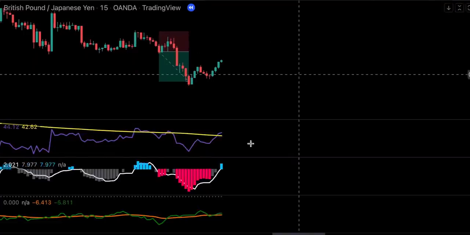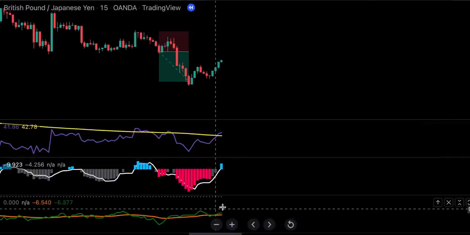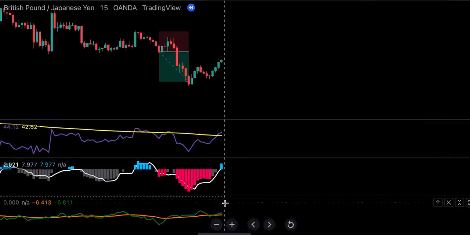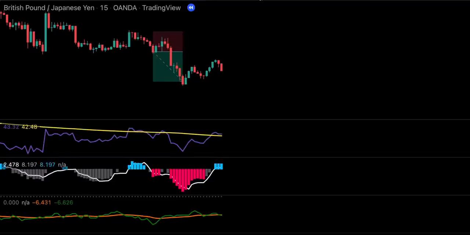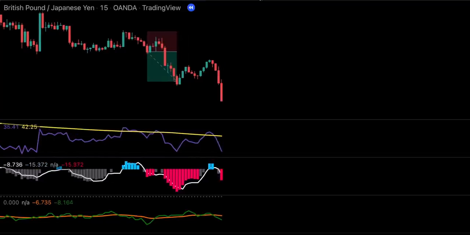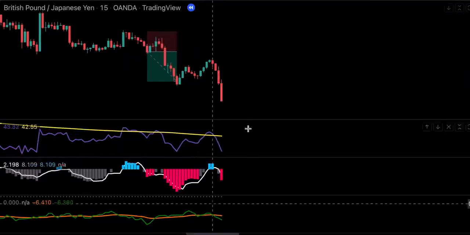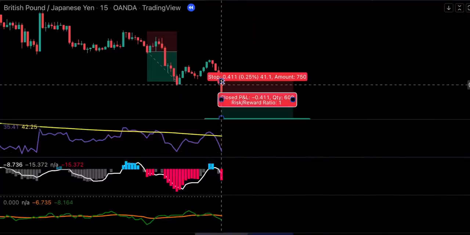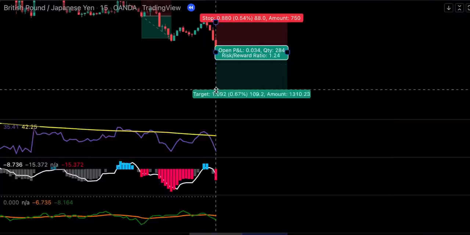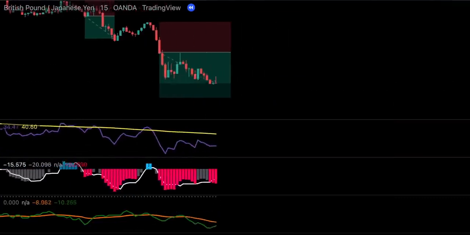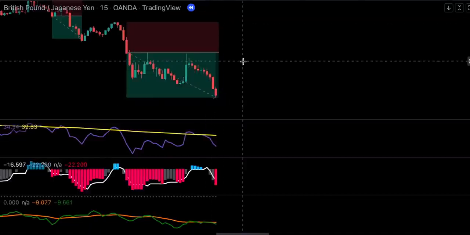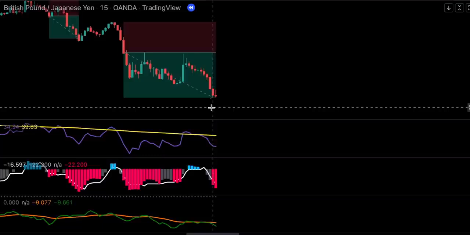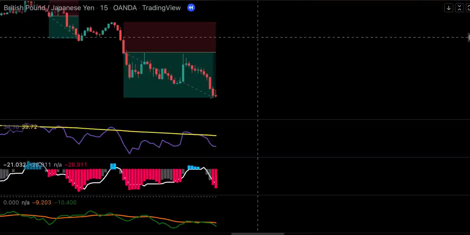This long signal is not confirmed because the volume is below the 0 line, so we will ignore this signal. This short signal is good, we see all our indicators agree, so let's go ahead and take another short position. We see our second trade turned out to be successful as well. By the way, we just had a new valid short signal on the candlestick where we had our take profit target hit.